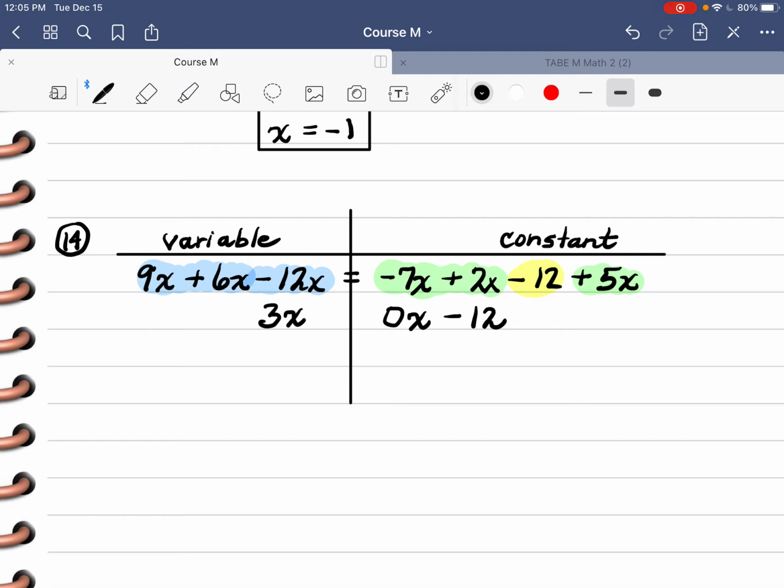Well, 0 x's, that means 0 times x, so that's nothing. You can just cross that off. It just goes away because there's no x's. So you're left with 3x and negative 12. Divide both sides by 3, and you're left with x equals negative 4.